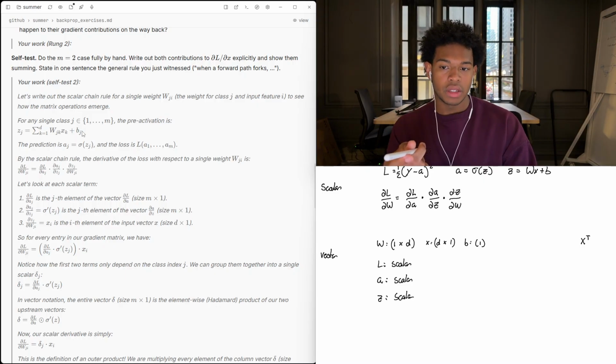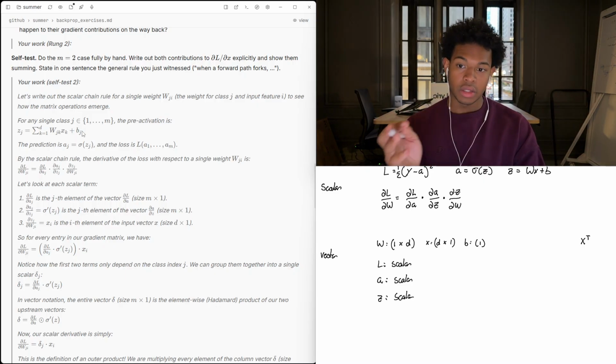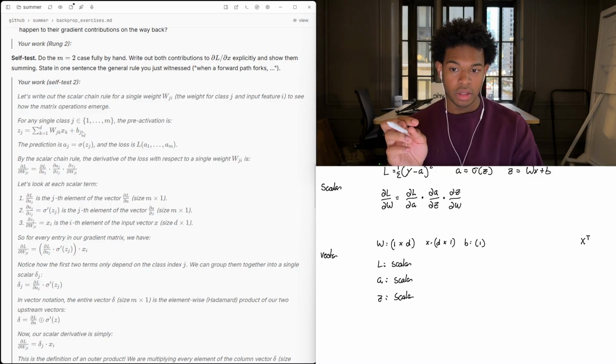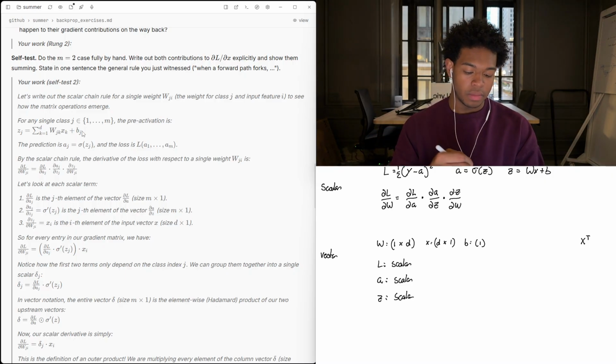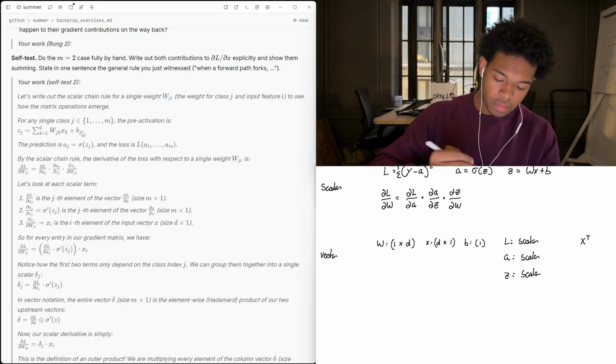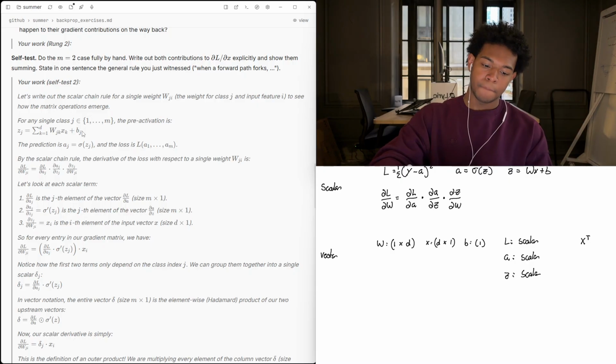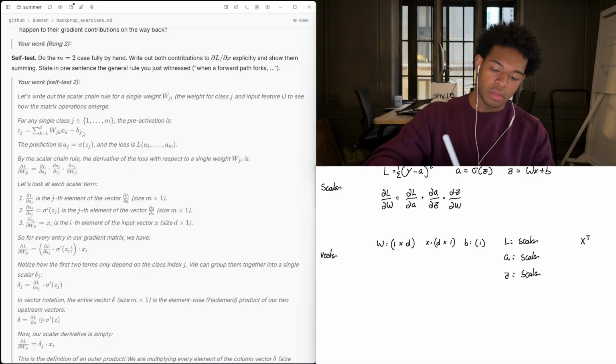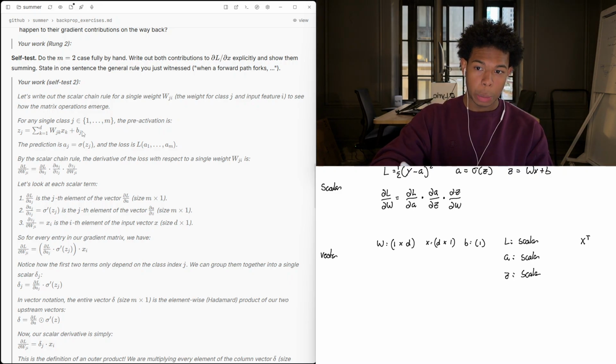Let's spell it out. Z is a scalar. Oh, yeah, it's a dot product. Okay, cool.